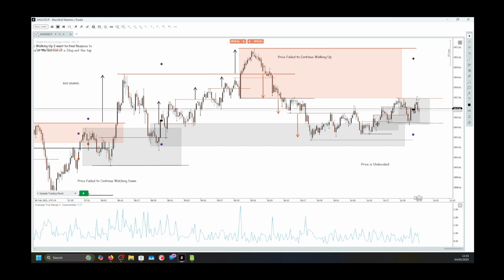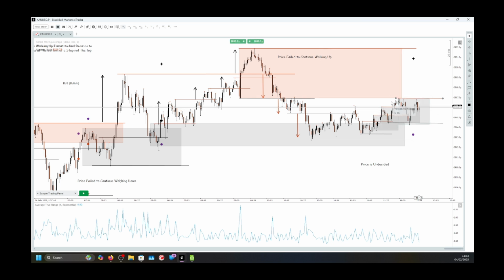But you see, now price has stalled at the high here. So this means the stop is vulnerable because price hasn't moved up and created the next step.